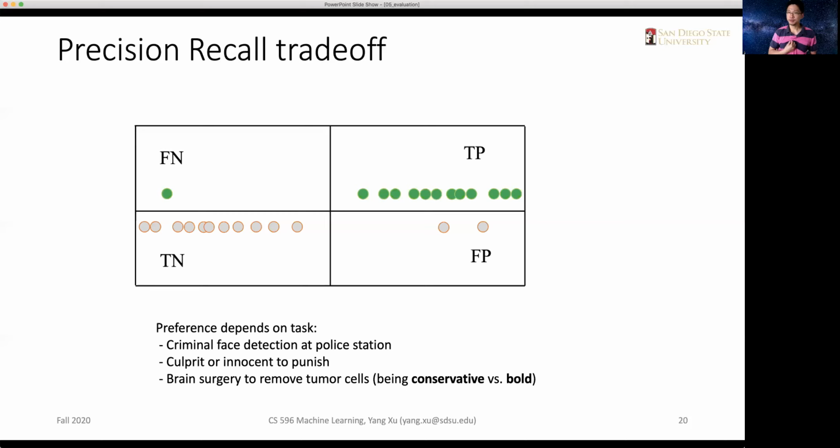We would rather the model be conservative, because if it's a false alarm and we did the surgery, but it turns out there's no tumor, then it's critical damage that's already done and irreversibly done. So yeah, the trade-off between precision and recall is actually a very practical problem we need to consider case by case.